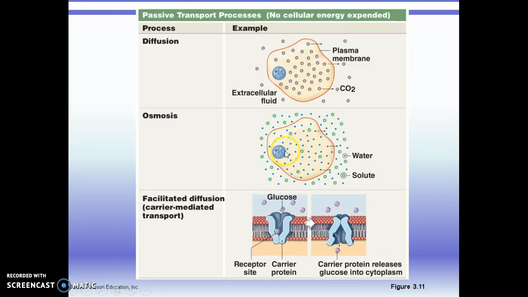So therefore, there's water as well. Water is what is dissolving the substances in the cell. Well, in this diagram, there is more water inside the cell than outside the cell, and therefore water will flow outside the cell. And facilitated diffusion requires a carrier protein.